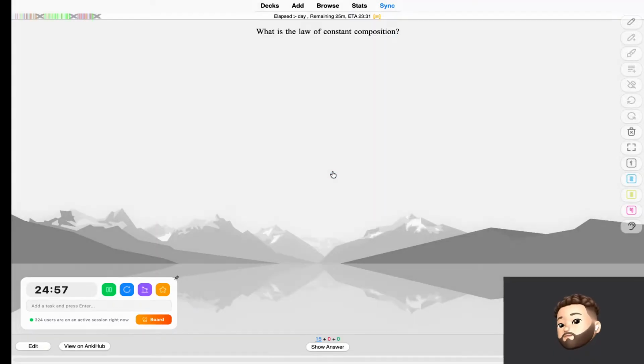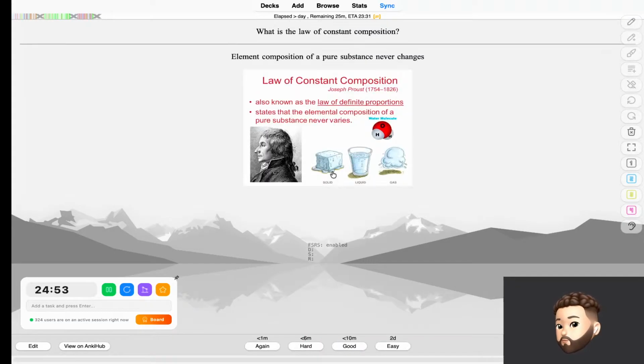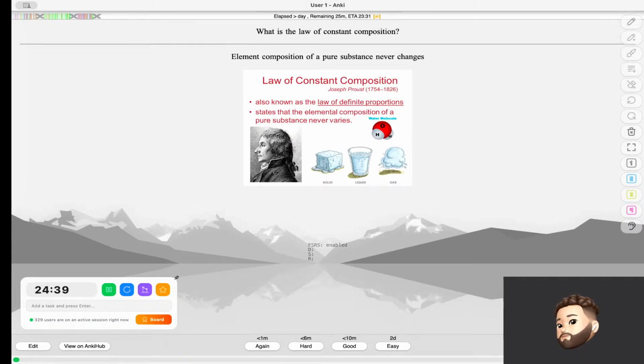Law of constant composition. I don't know. Element composition of a pure substance never changes. Elemental composition of a pure substance. What does that even mean? Like water will always be water if there's only water in there.